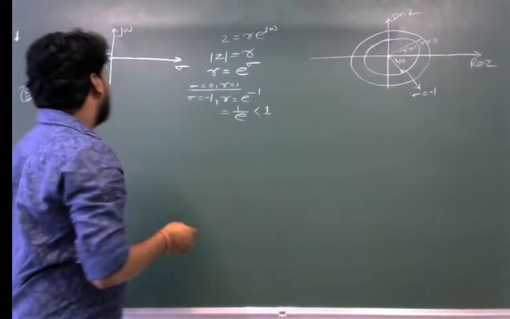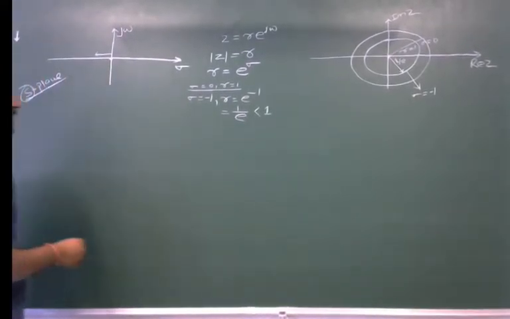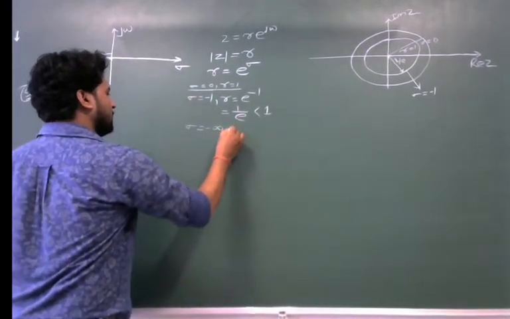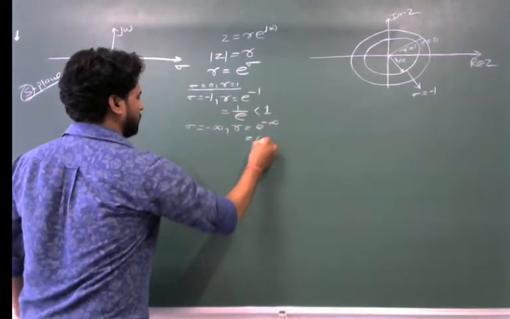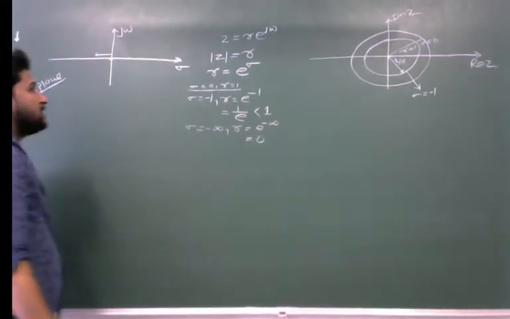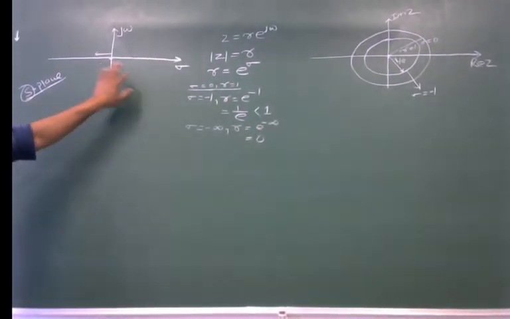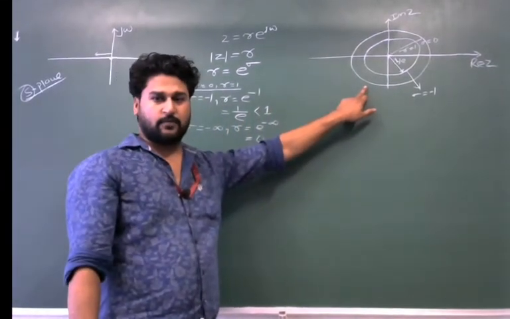Now, if we go to the extreme left of the S plane, when I put sigma equal to -infinite, then this r will be equal to e power -infinite, which is equal to 0. Means the sigma equal to 0 point will be mapped to a circle of radius 1.